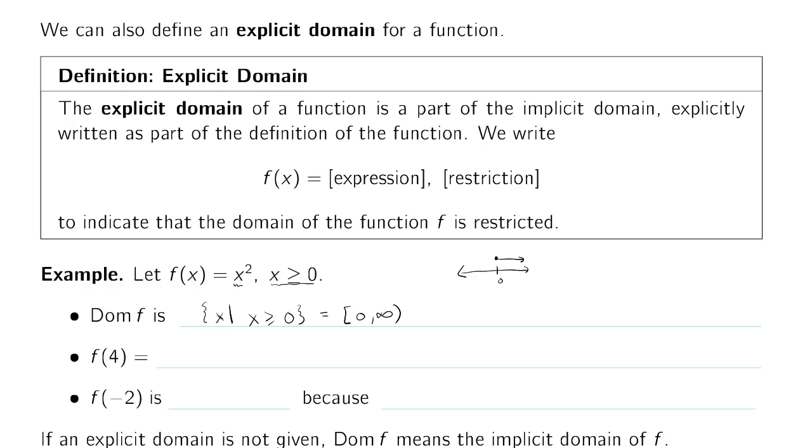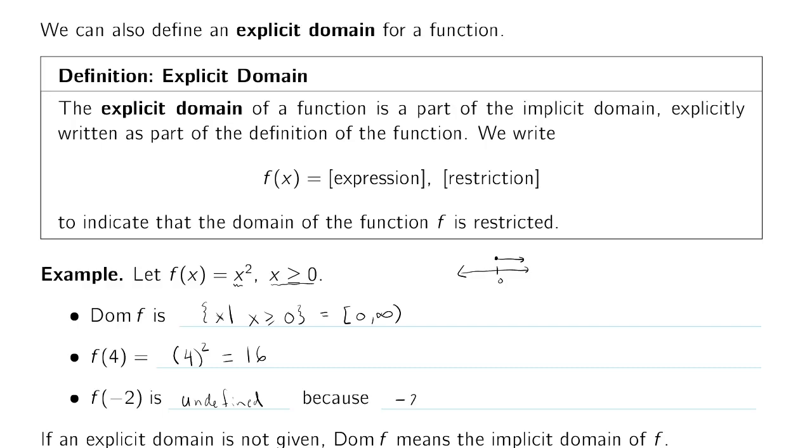So if we want to take f of 4, plug that in for x. It's 4 squared, which is 16. But f of negative 2 is undefined because even though it makes perfect sense to plug in negative 2 here, we explicitly said that negative 2 is not in the domain of this function f.